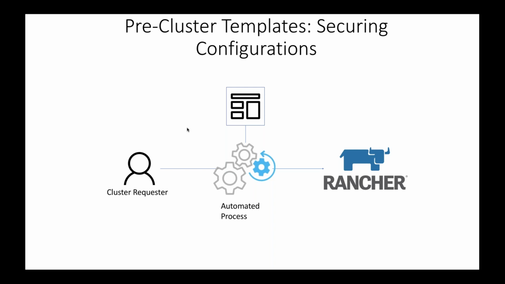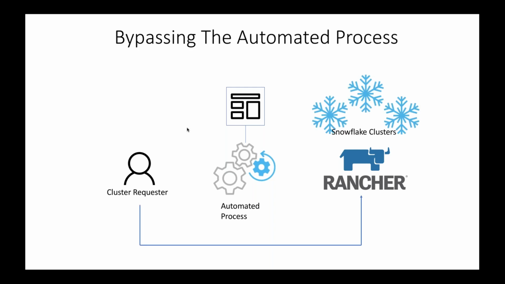And when you bypass that automated process, and the user ends up going straight to Rancher, you could end up with a lot of snowflake clusters, and you have no way to guarantee what they look like without manually going and poking around to take a look.